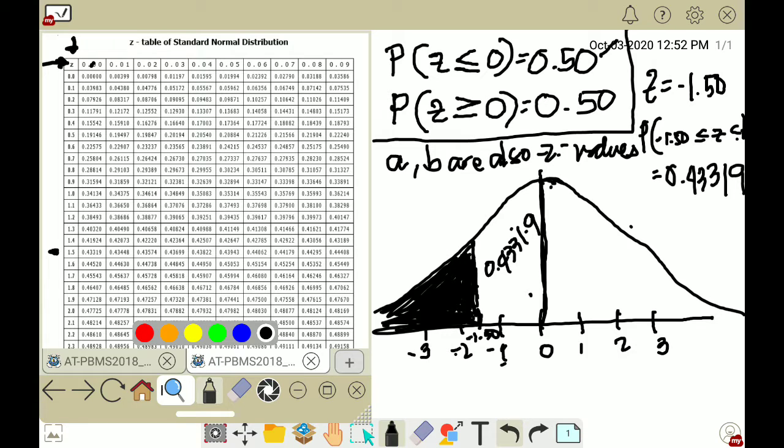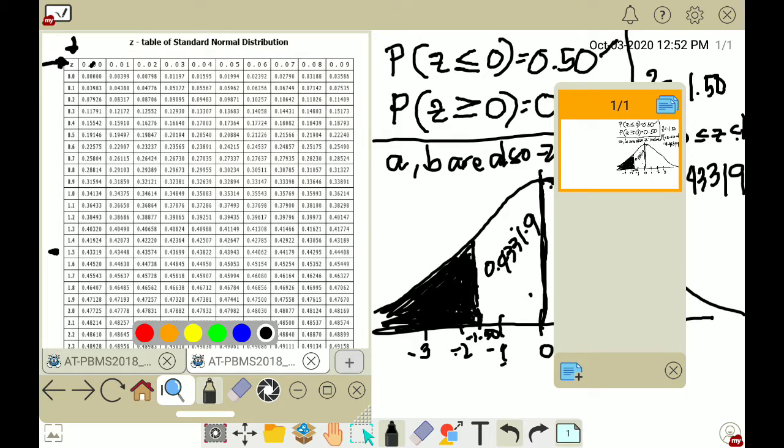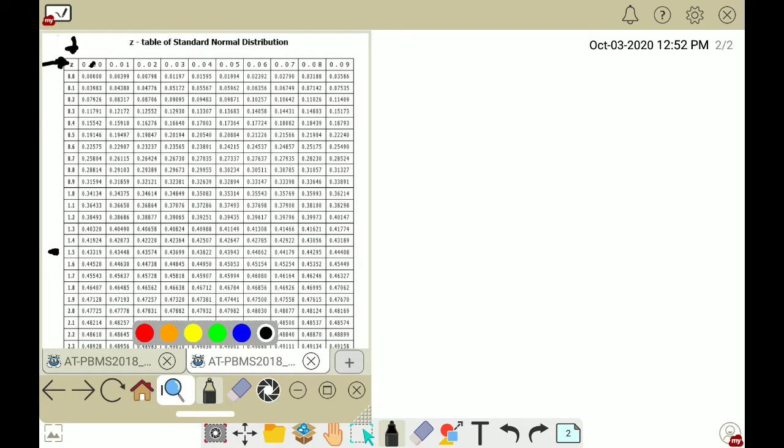Next, but what we need is the area to the left. Again, utilize your property. So what we're going to do is simply use both formula. That means we are going to minus, to determine the area to the left.